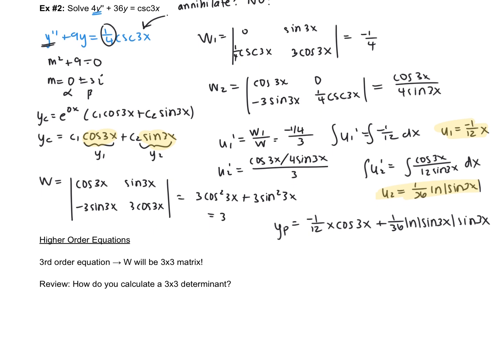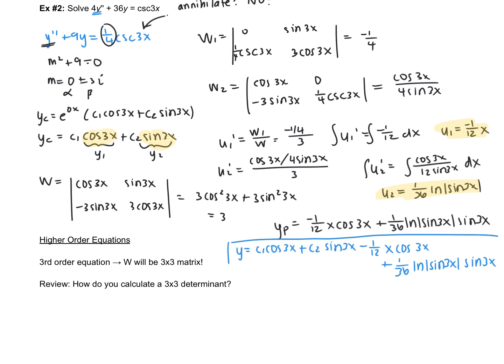Okay, so all of that leads us to finally our general solution. So our general solution is c1 cosine of 3x, add c2 sine of 3x, subtract 1 over 12 x cosine of 3x, add 1 over 36 natural log of sine of 3x times sine of 3x.